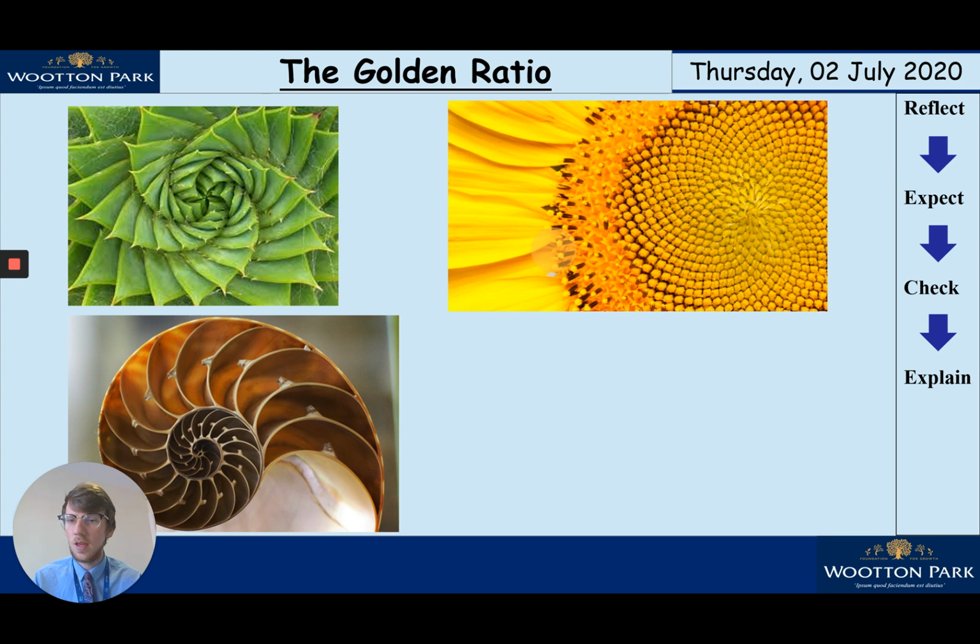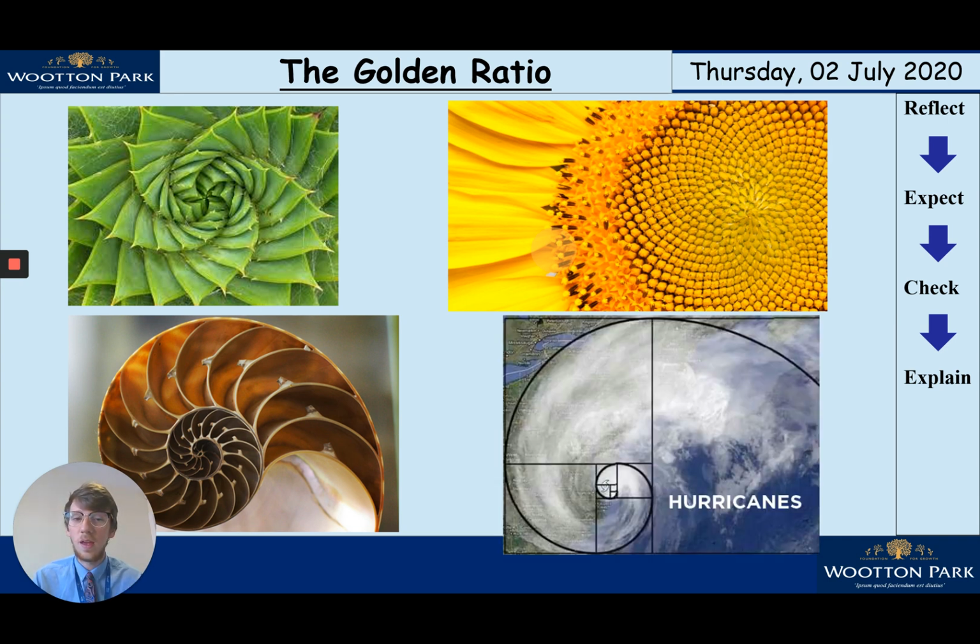Even the shell on this snail has the golden spiral within it, and even a hurricane. The spiral is overlaid on the hurricane, but we can see that in nature this golden spiral occurs everywhere.